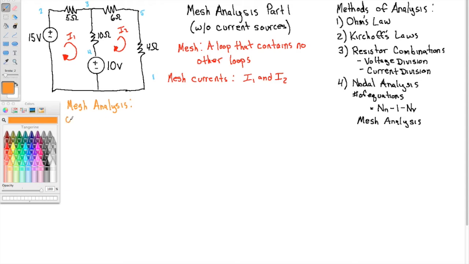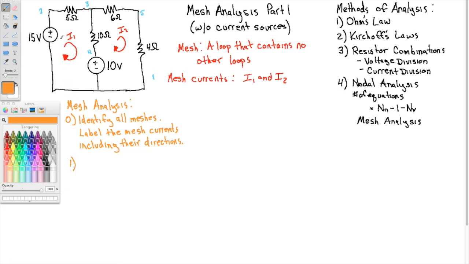So maybe step 0, we'll say identify all meshes, label the mesh currents, including their directions. Okay, so I've chosen a direction. Step 0.